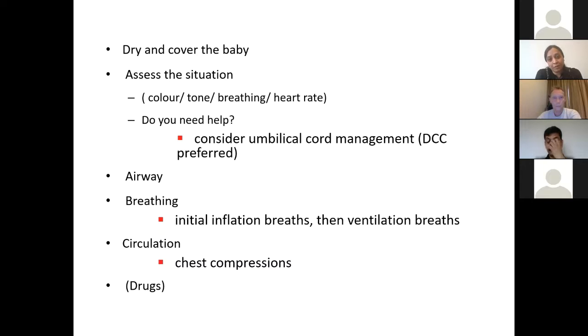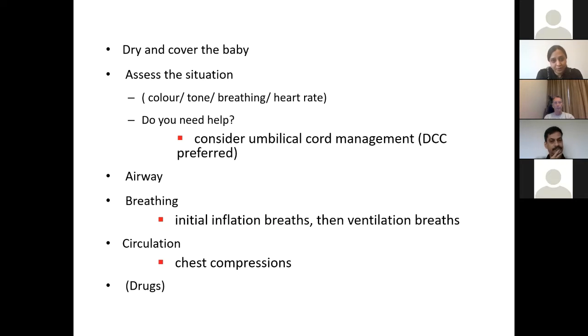So delayed cord clamping where possible to make the transition a bit smoother for the baby. And once you've done all of that, you go on to managing the airway, then breathing, which is inflation breaths and then ventilation breaths, and then moving on to circulation, which is chest compressions and/or drugs as needed.